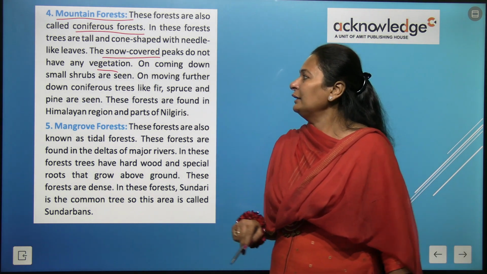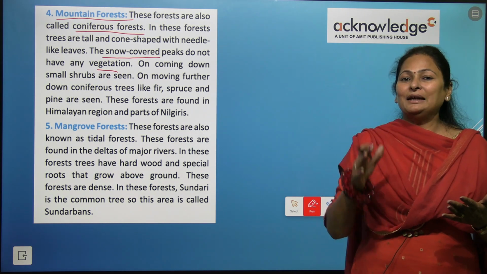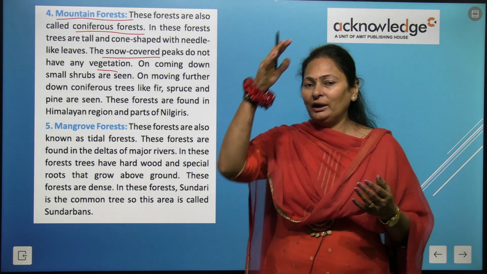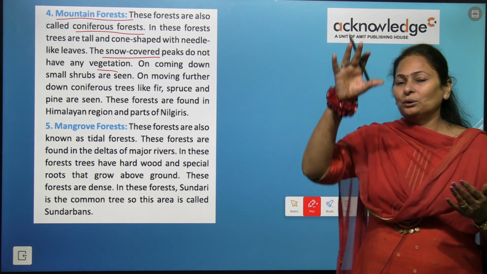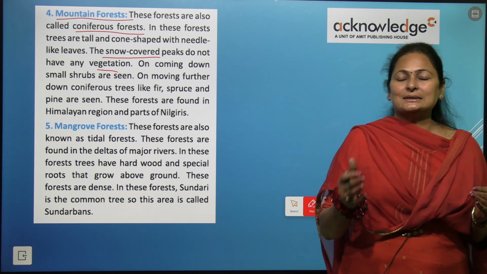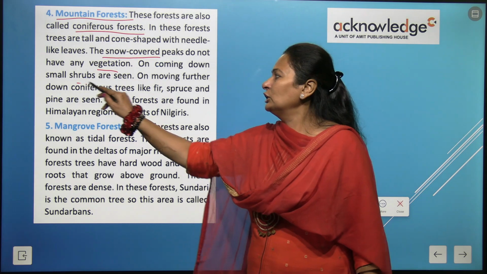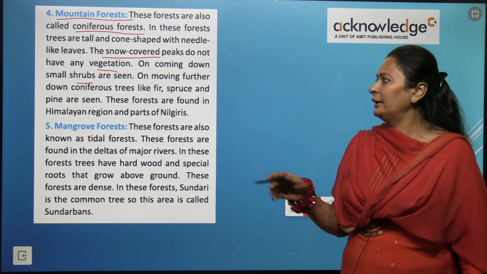On coming down, small shrubs are seen. Means in the Lesser Himalayas, as we come down, it is the middle one below the Greater Himalayas, and here there are only shrubs. You will find some shrubs there, right?